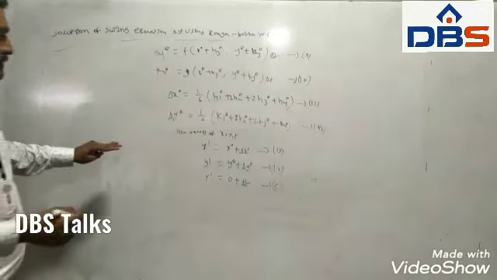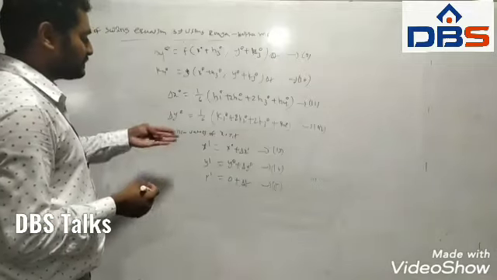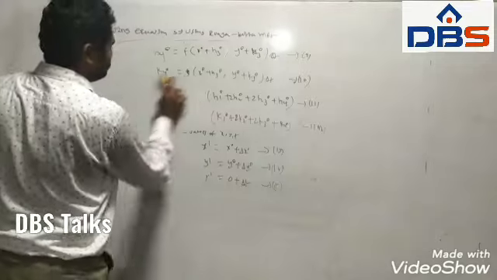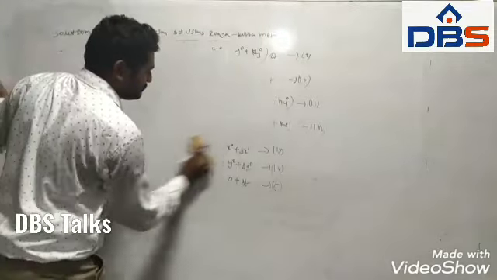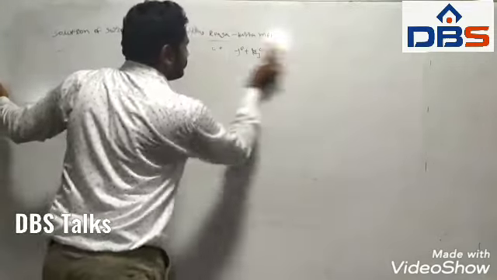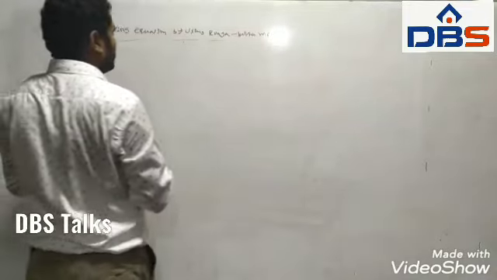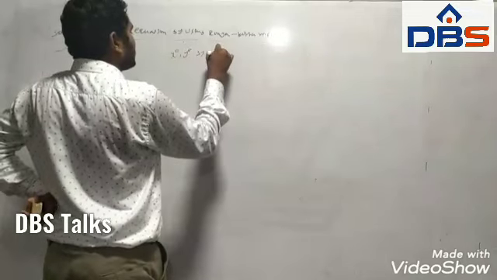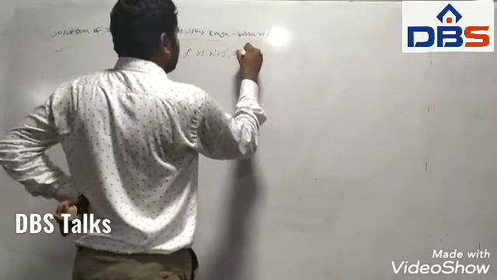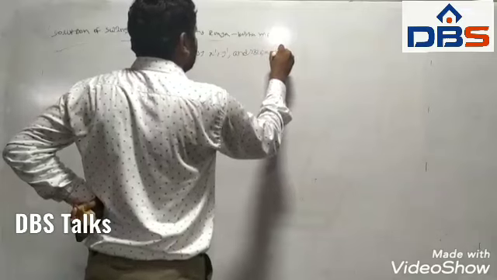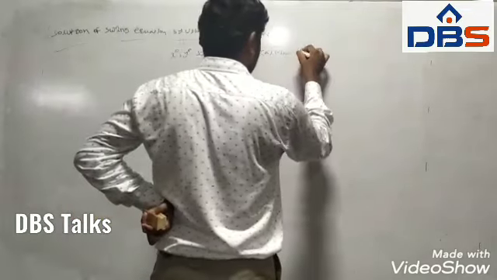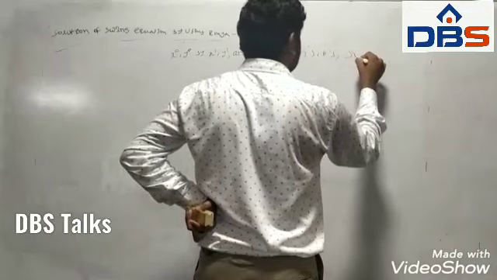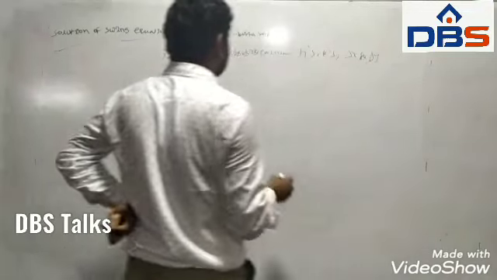So here now we have to replace x power 0 comma y power 0 by x power 1 comma y power 1 and recalculate h, k, delta x and delta y values.